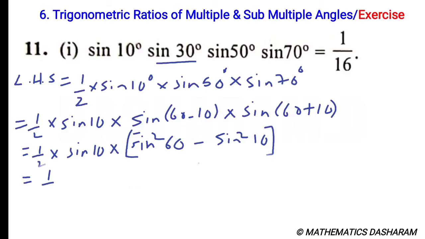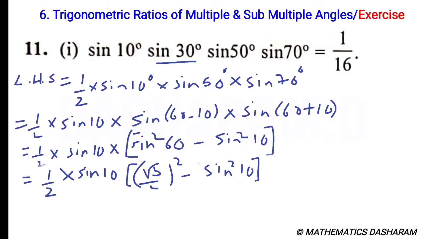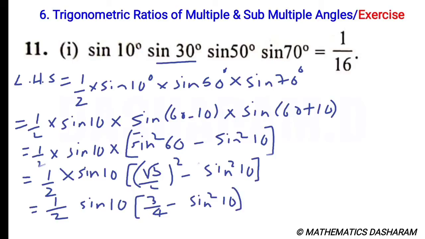Now it is equal to 1 by 2 into sine 10 degrees, multiplied inside, but before multiplying, sine 60 degrees answer is root 3 by 2 whole square, minus sine square 10 degrees. So 1 by 2 sine 10 degrees into root 3 by 2 whole square is 3 by 4 minus sine square 10 degrees.